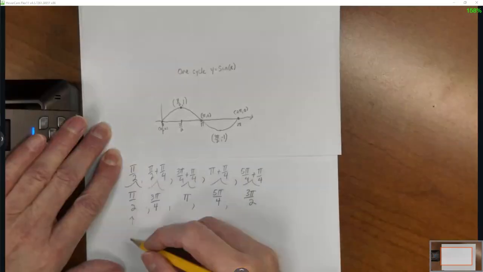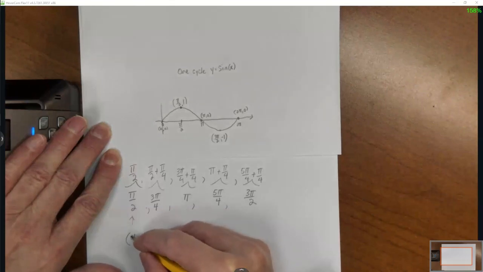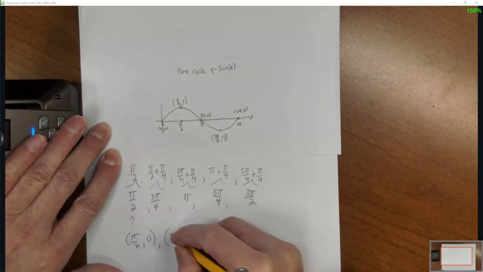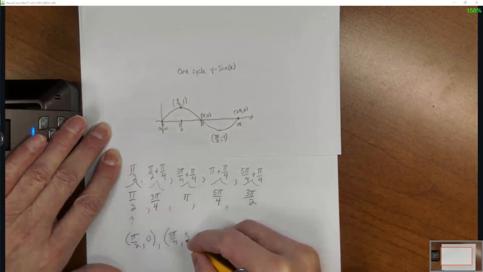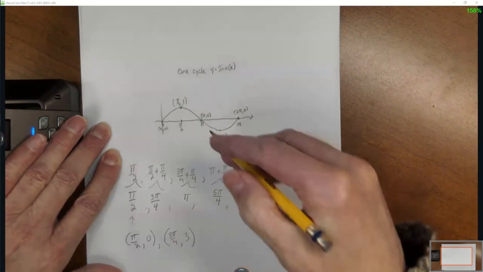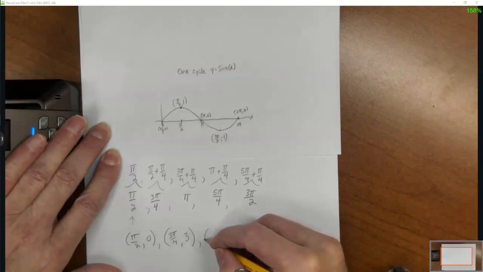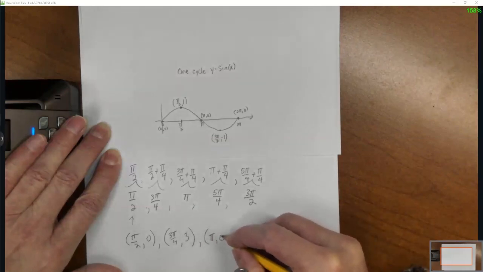So we're going to write our key points here. We have pi over 2 for x, 0 for y. The next key point is now at 3 pi over 4 for x, and we're up to a 3 due to our amplitude to replace that 1. Third point, pi, we're back to 0.